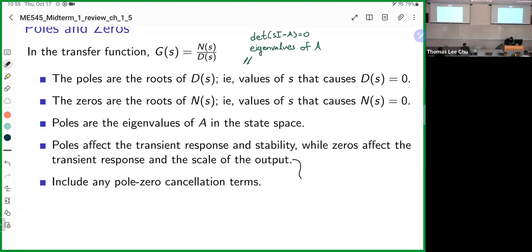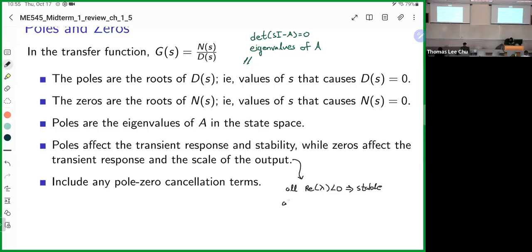One thing to know about this is that if all your poles, the set of all real eigenvalues, are less than 0, then it's stable.